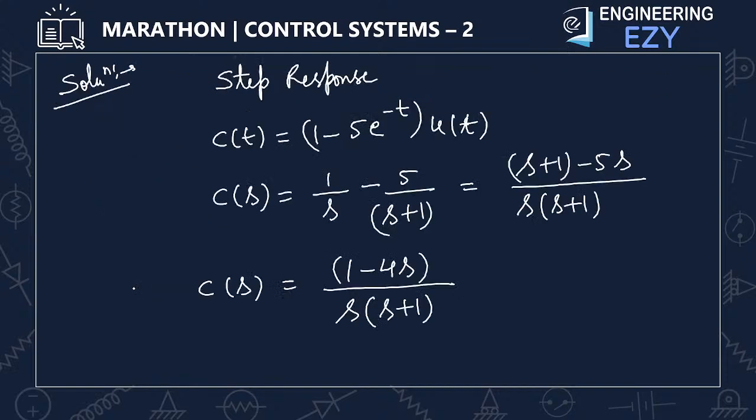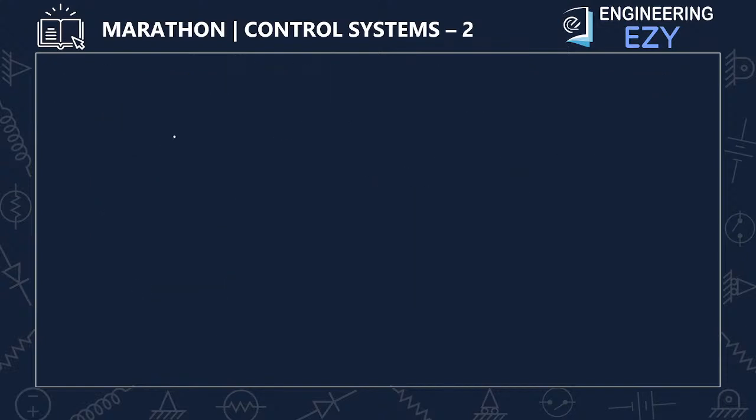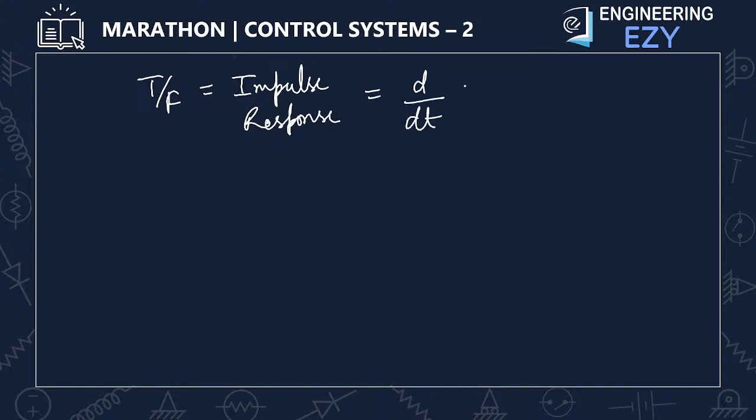Some students might make a mistake in this question using this formula: transfer function is equal to impulse response, which is equal to d by dt of the step response.